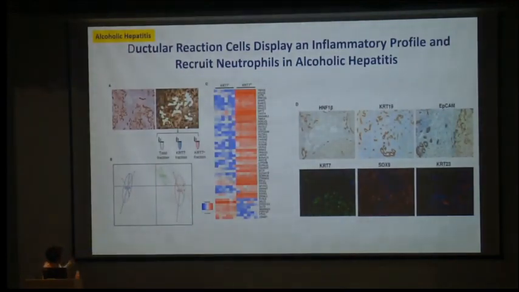Then this is another manuscript. They said that the ductular reaction cells display an inflammatory profile and recruit neutrophils in alcoholic hepatitis. What they did, they just took the 3 fractions, keratin 7 for the proliferation marker, negative, and positive.